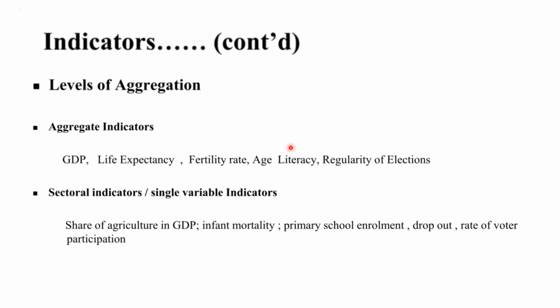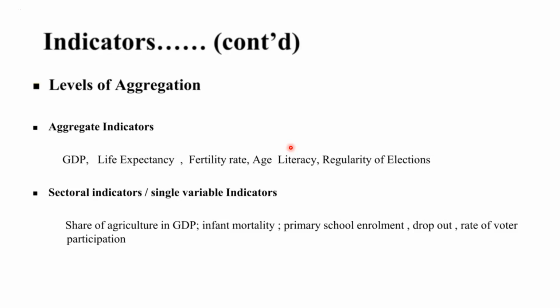Now here, some sectoral indicators are also there. Share of agriculture in GDP. That means, now if you talk about GDP, it covers all the sectors, but if you consider only the share of agriculture, that means it's the agricultural sector indicator. Now, infant mortality. Infant means the sector is infants.